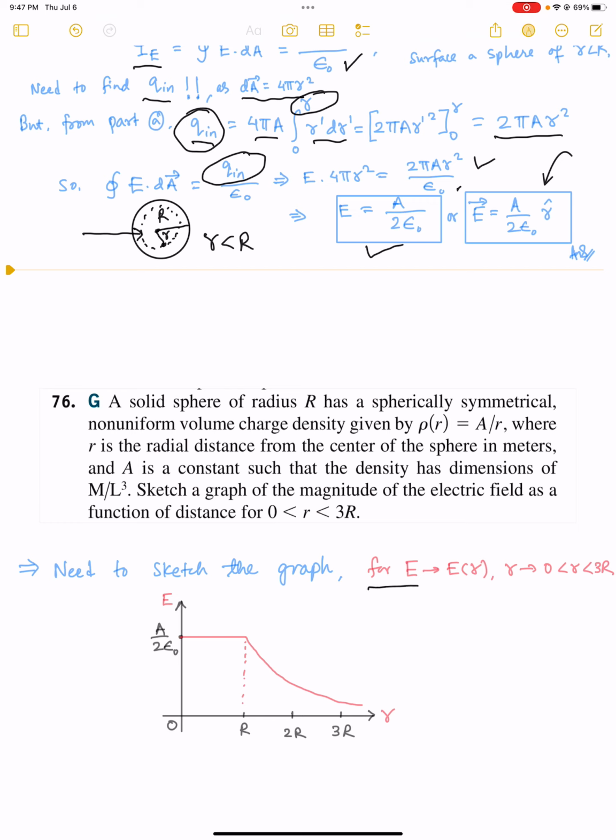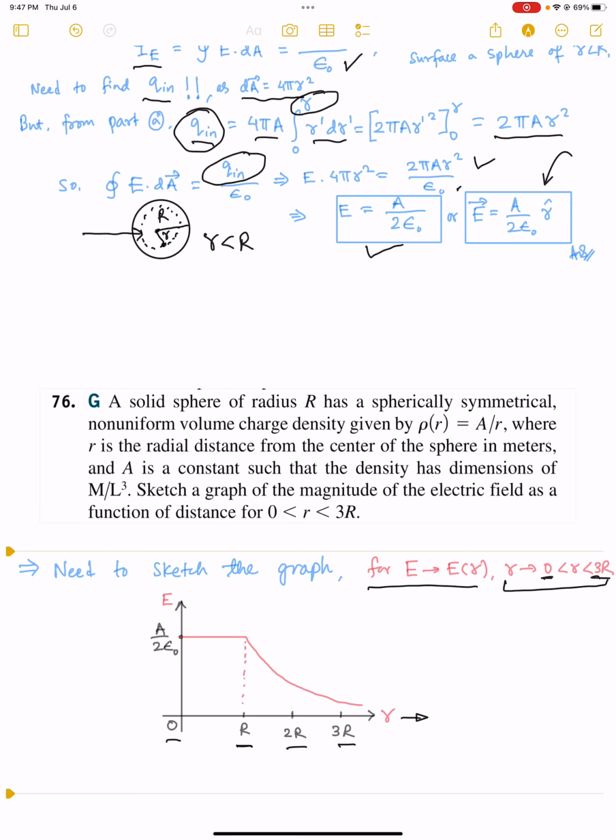You just have to keep your eyes on the distance: this is 0, this is R, this is 2R, this is 3R.